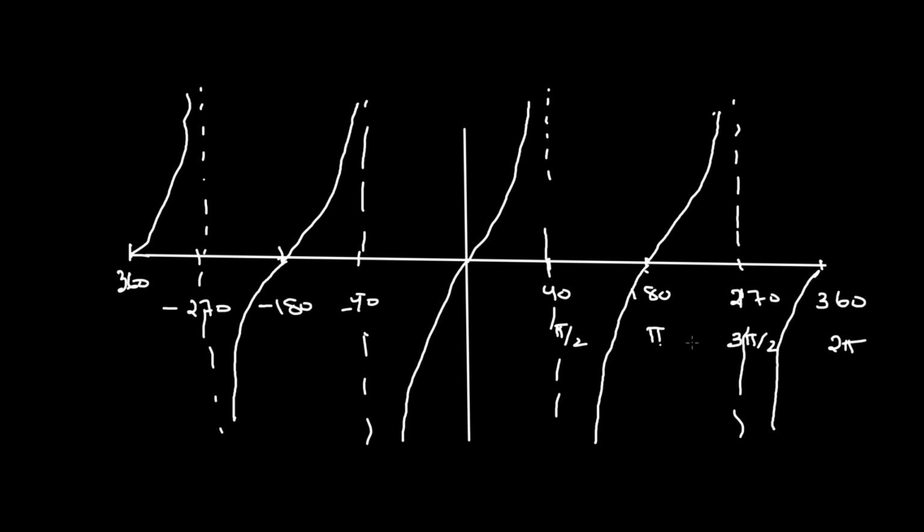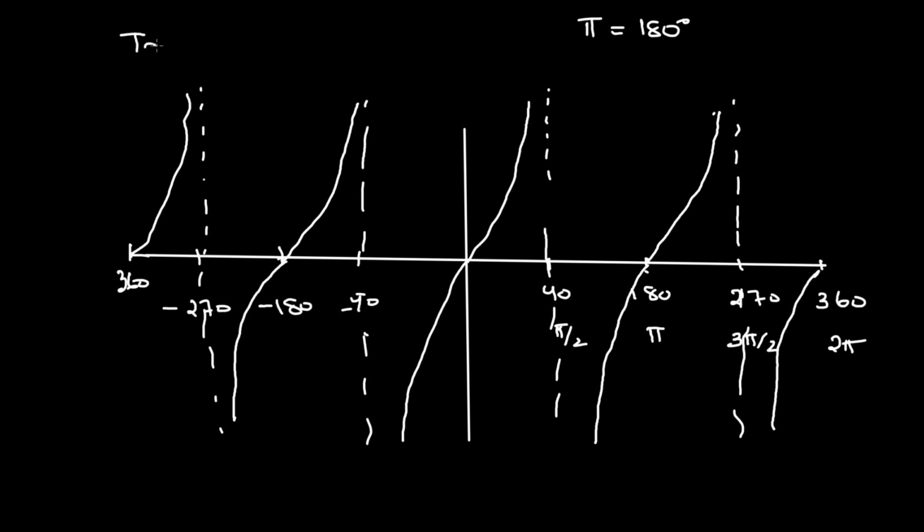Sometimes you get graphs where they show you radians and not degrees. Remember, the only thing we need to remember is that pi is equal to 180 degrees. These are directly proportional, meaning that any of these can be converted with cross multiplication to either radians or degrees.